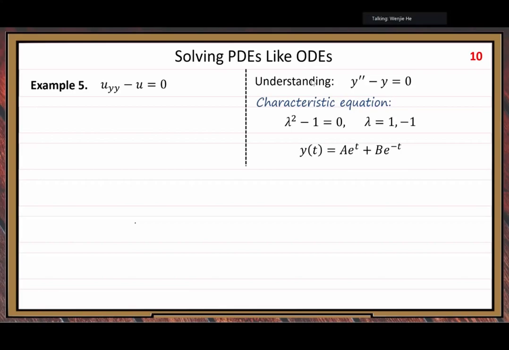That's the solution. Later in our module 2, when we work on second order ODE, we will get to this topic another time.